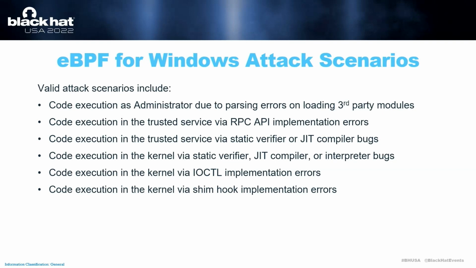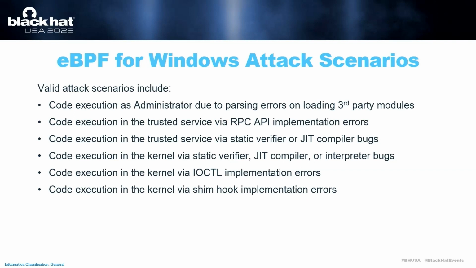And that's one attack where you would get user mode administrator privileges. Then there is the trusted service, which exposes an RPC endpoint. And this is a PPL process, so it's highly privileged. It's considered part of your trusted computing base. And so any vulnerability there is the equivalent of having direct write access to the kernel.